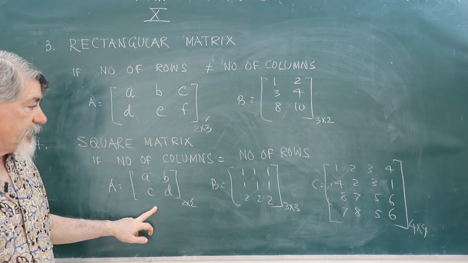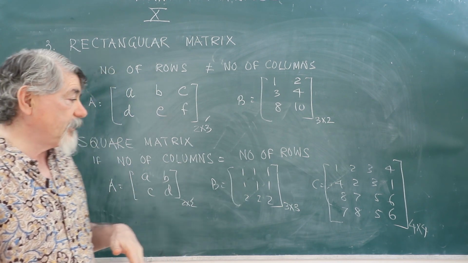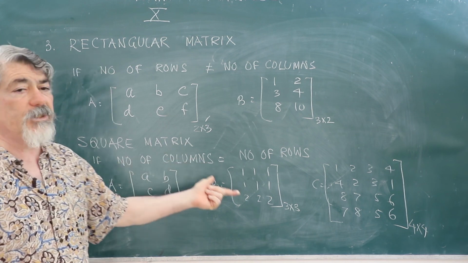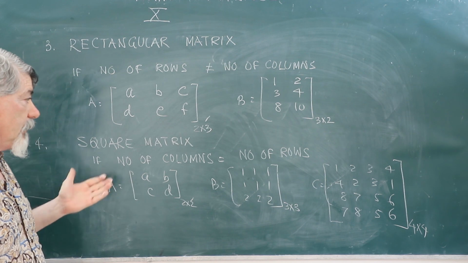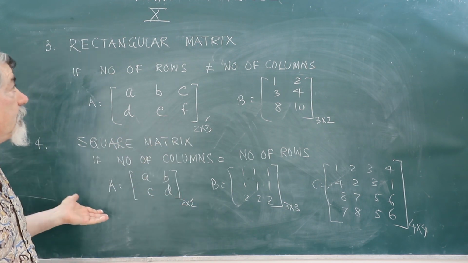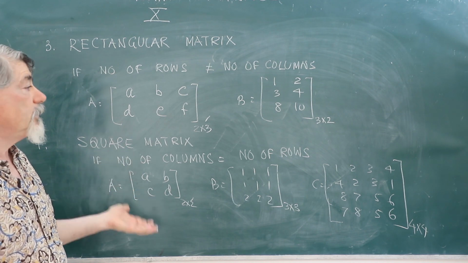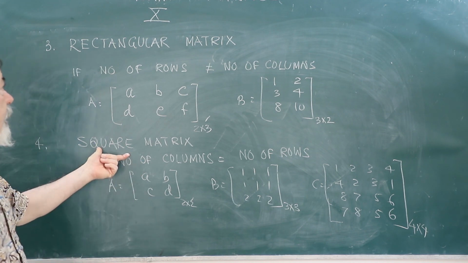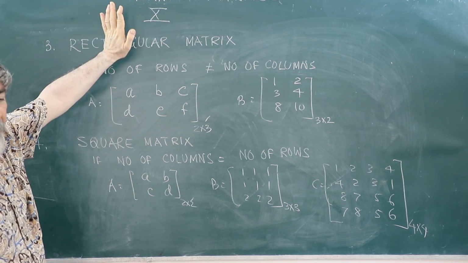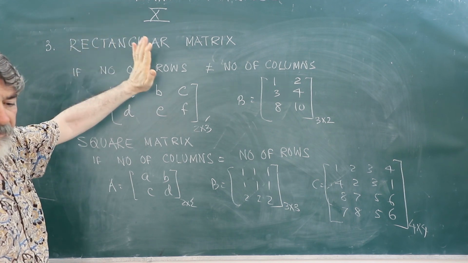Here 4 elements are there. Here 9 elements are there. But what is the condition? The number of rows is equal to the number of columns. Then the matrix is called a square matrix. The square matrix, rectangular matrix, row matrix and column matrix. Thank you.